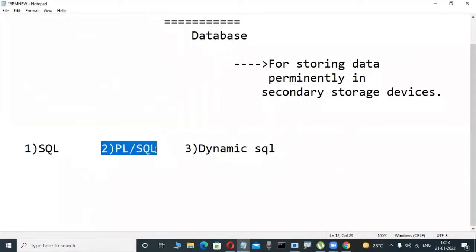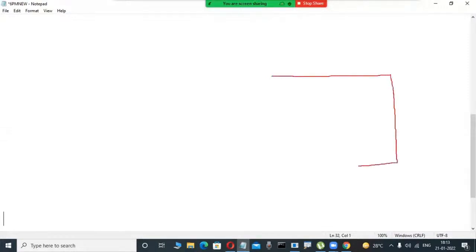Why is this language required? Because of so many applications. For example, if you are a first-time newcomer, concentrate here to understand. Why PL/SQL is required, I am just giving some applications for the idea. Observe slowly. Daily, so many people go to banks for depositing or withdrawing money.